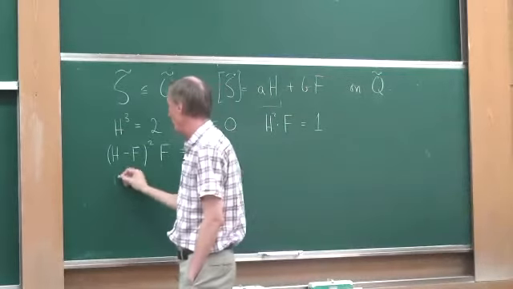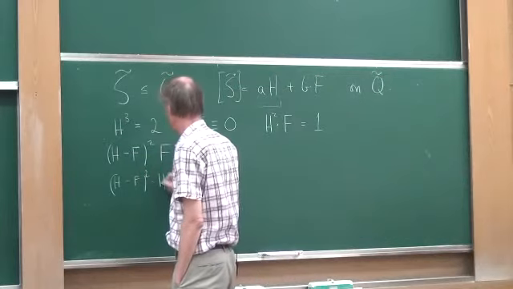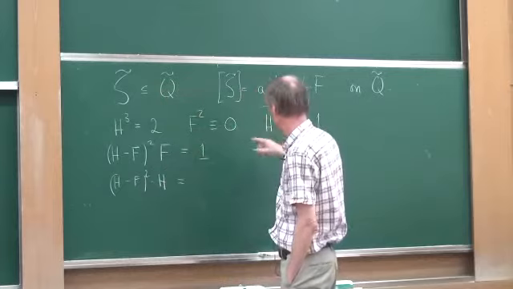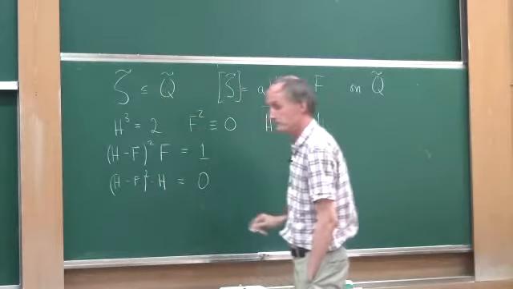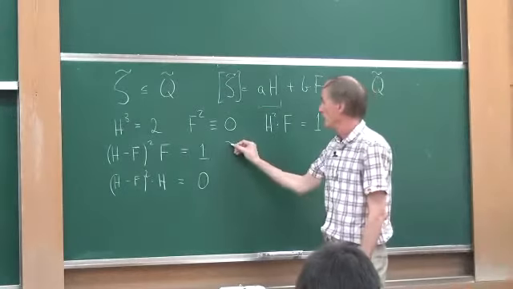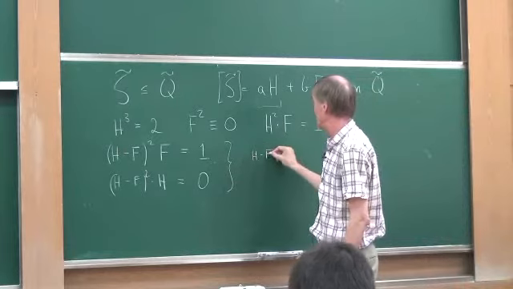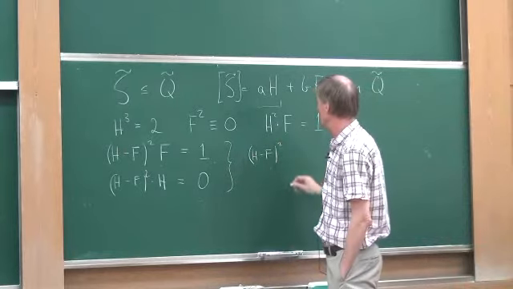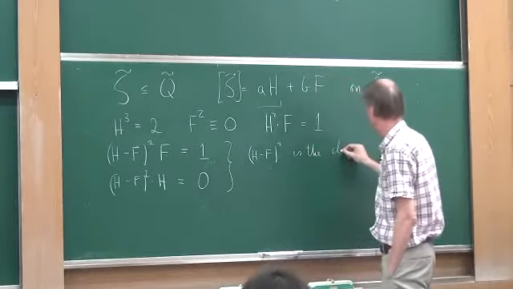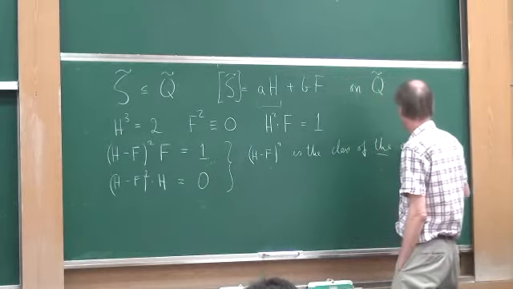And also H minus F squared times H, you'll see by the same numbers here, is equal to 0. So this means that H minus F squared is the class of the exceptional line.